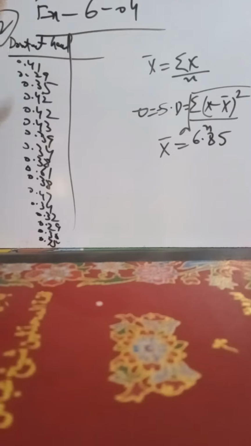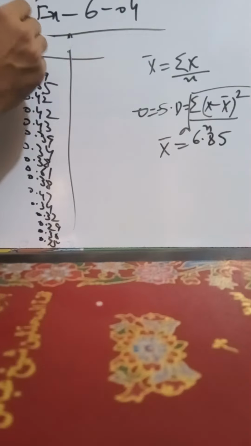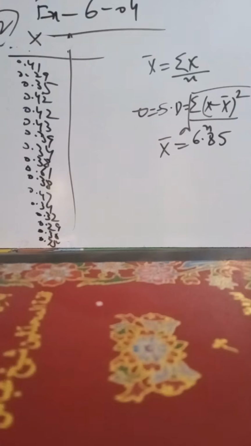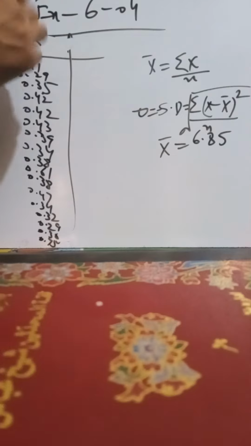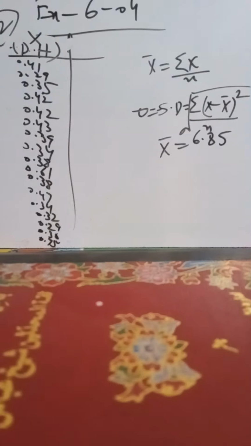For the dominant hand, which we can also write as x, this is dh. So how will I calculate the average? I am now rechecking these sums, because whenever the data is big, we should recheck it.